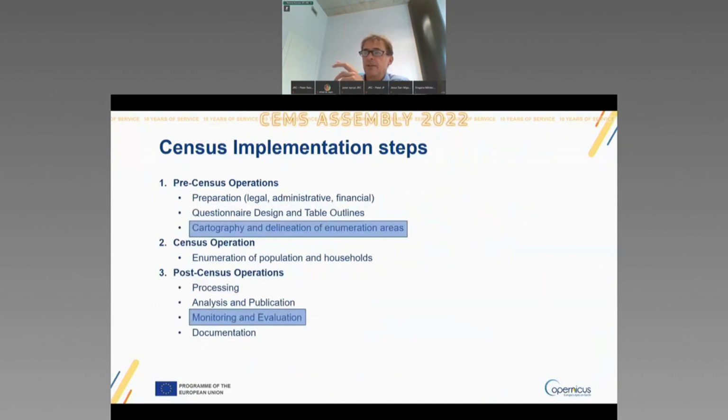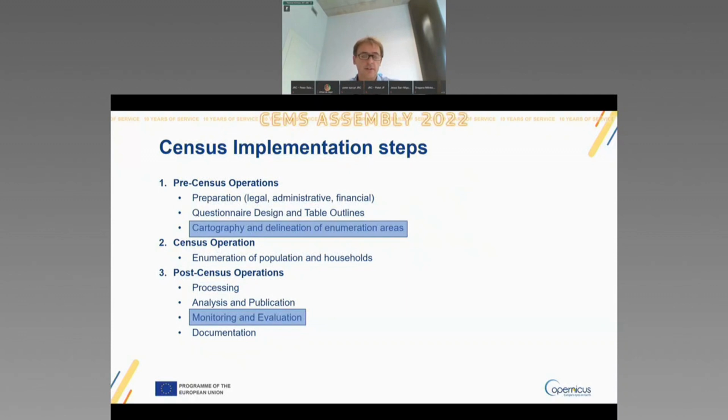To understand that a bit better, I put here this slide to illustrate the different steps of census implementation. So there's a long preparation phase, the pre-census operations, that starts actually with all the legal, administrative, and also financial commitments that are needed to set up the census.